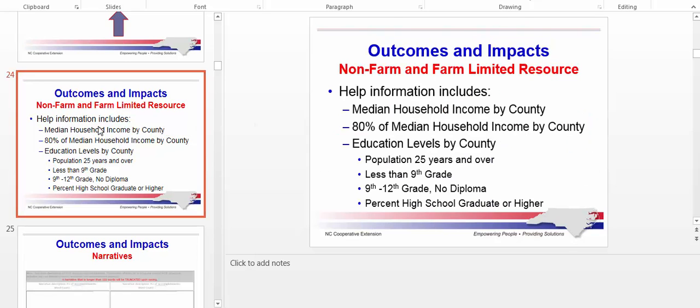Here's some more on the limited resource, not just the income and 80% of the median household income by county, but educational levels by county. Those that have less than a 9th grade education or 9th through 12th grade with no diploma, and the percent high school graduates or higher.